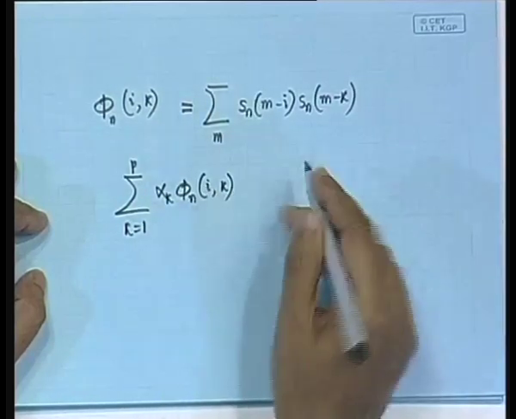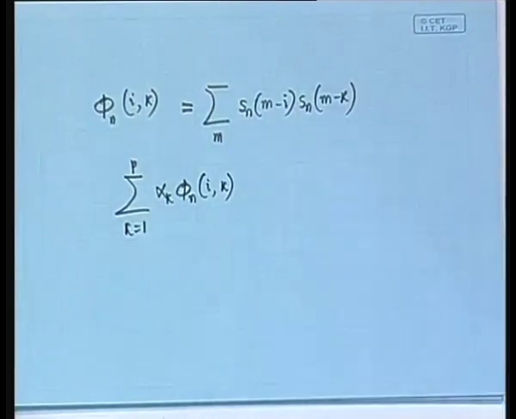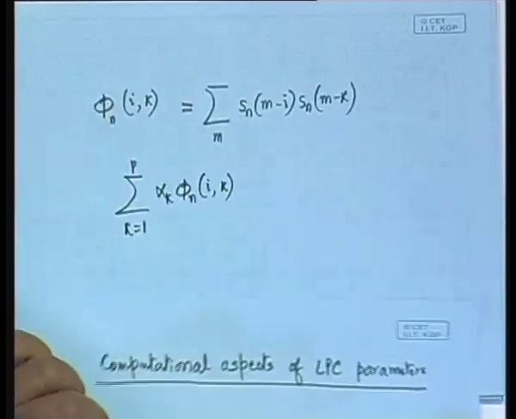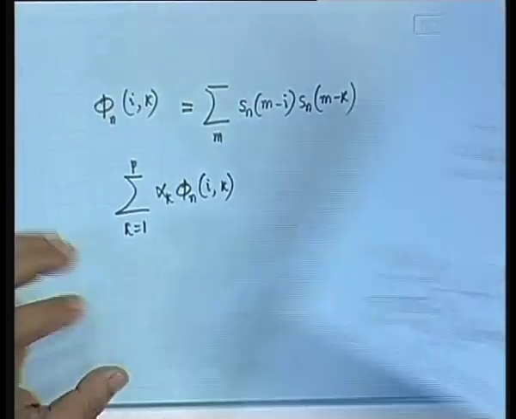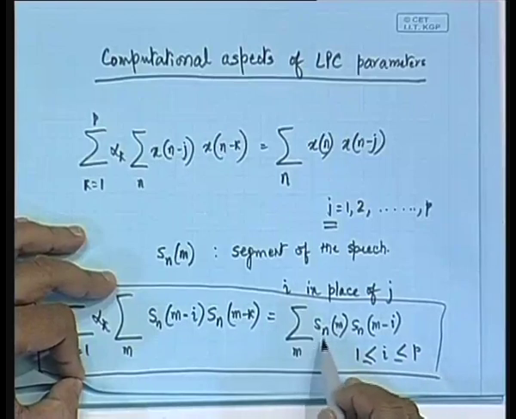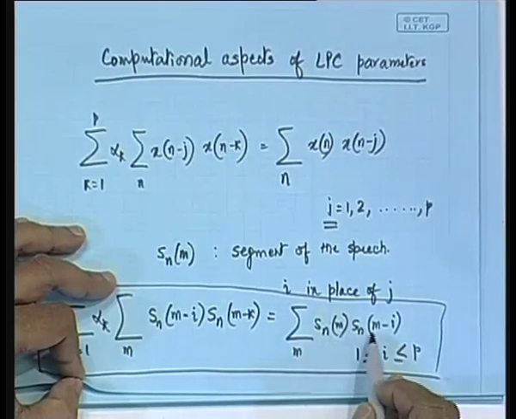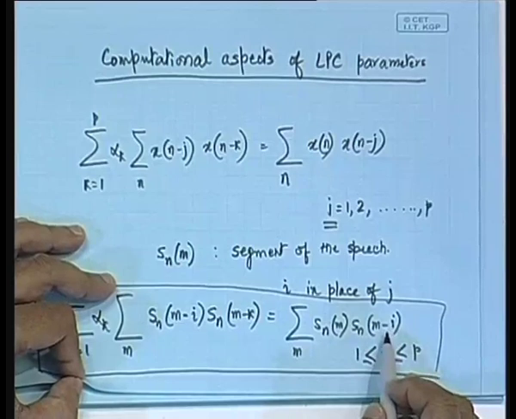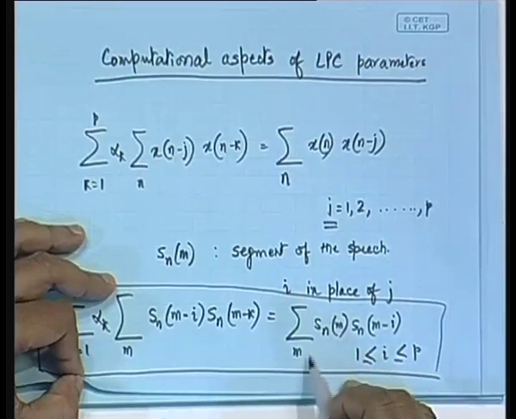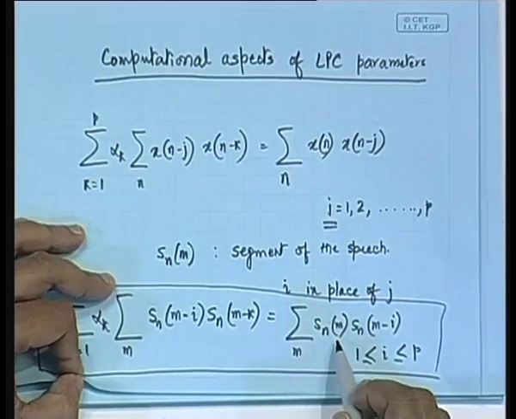The left hand side of the equation is phi n (i, k) by our definition itself, and on the right hand side we have summation over m of Sn(m minus i).